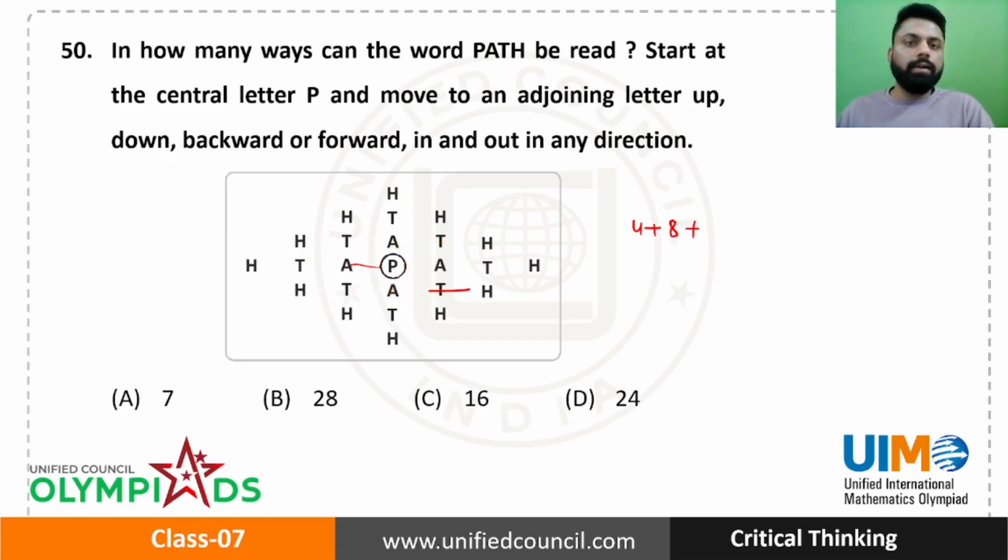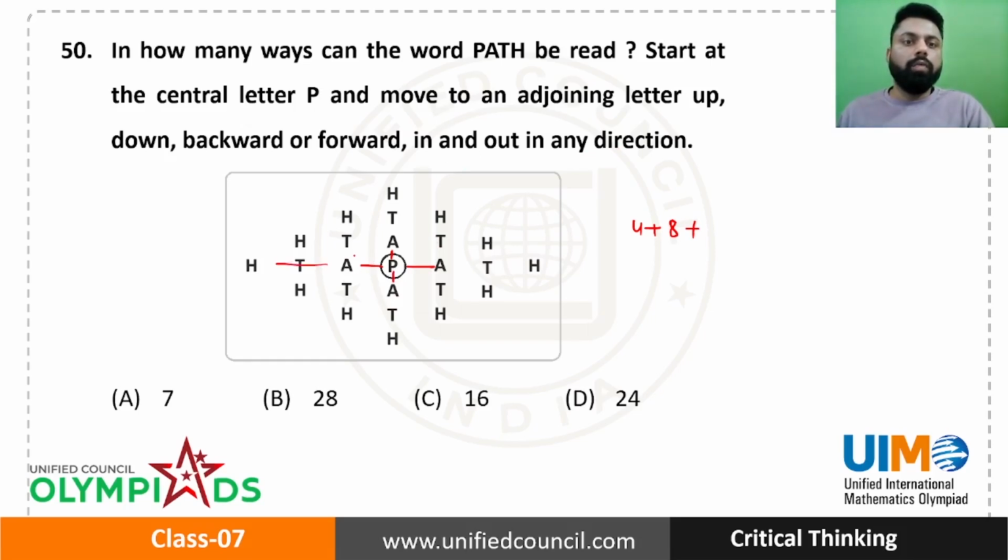Then after that, see, central letter P, then move to the adjoining letter. So there can be 1, 2, 3, 4 options, letter up, down, back, or forward, in any direction.